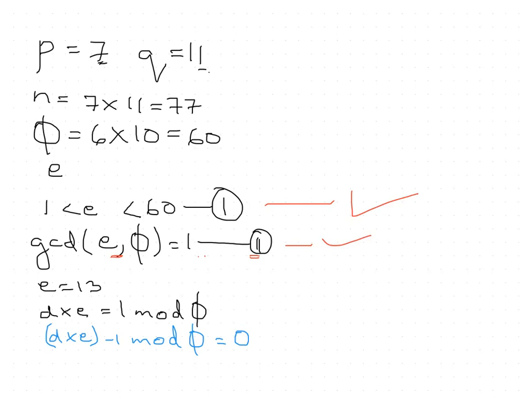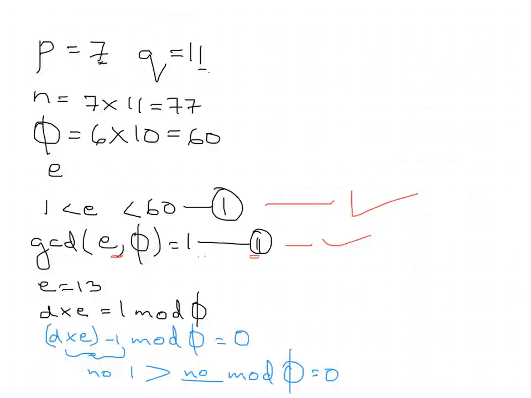So D into E minus 1 is going to give you a number which is just one greater than a number that is completely divisible by 5, right? So now how do we calculate that?